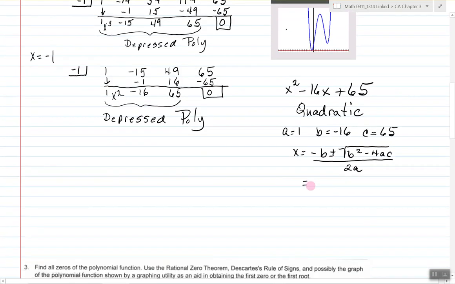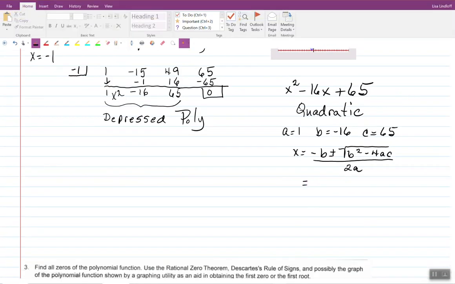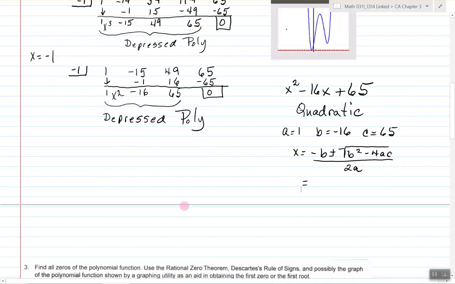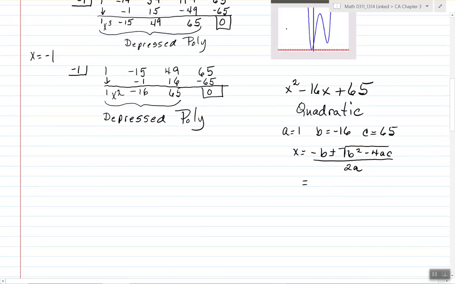So this is, I keep needing a little bit more room. This is positive 16 because it is negative of b, opposite of b. So it's positive 16 plus or minus the square root of negative 16 quantity squared minus 4 times 1 times 65 all over 2 times 1.